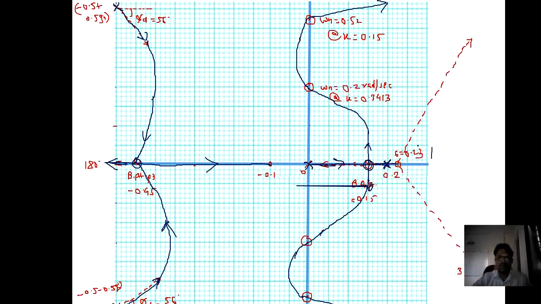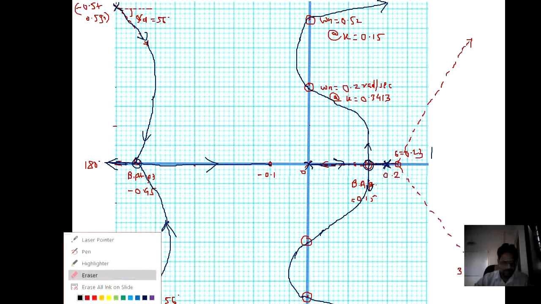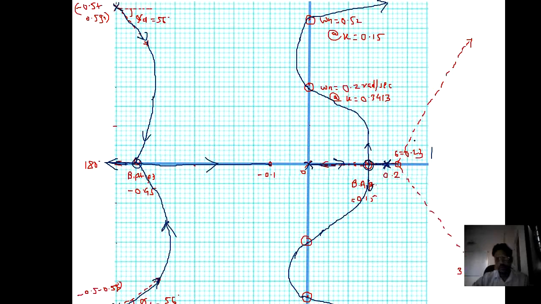So all the conditions should be satisfied by this problem. You can see three asymptotes: one root locus is going along this asymptote, another along 300, and the last one along 180.